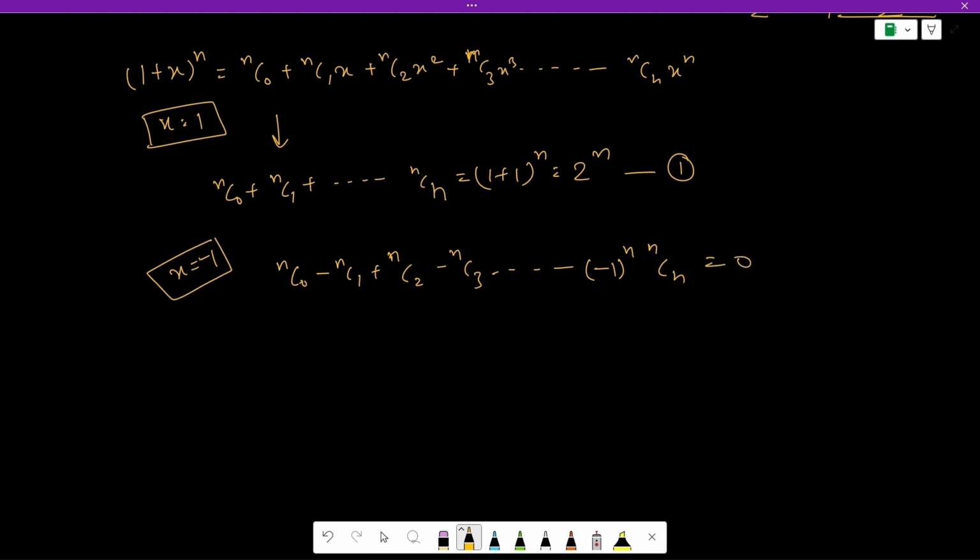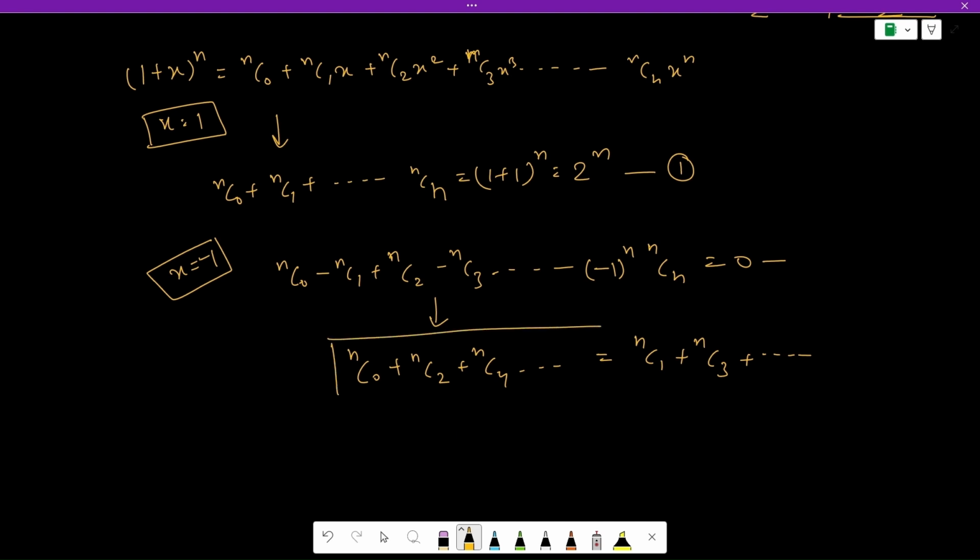This is equal to 0. Now this is another result. Also what we can see from this is that the sum of even binomial coefficients like NC0 plus NC2 plus NC4 and so on is equal to the sum of odd coefficients NC1 plus NC3 and so on.